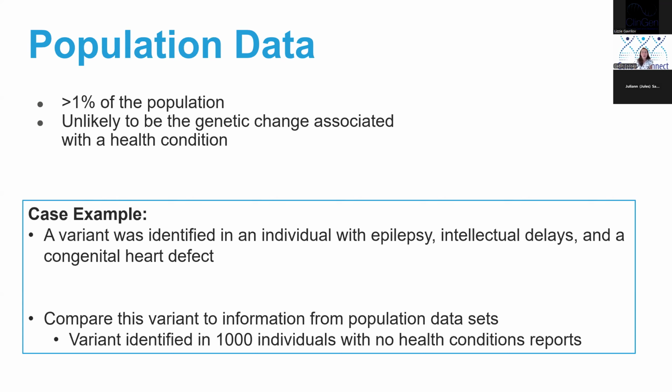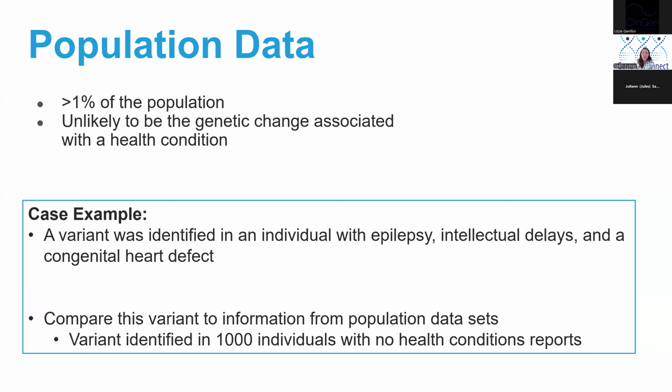When we compared this specific variant to some of the databases that have reported variants in individuals that don't have any health conditions, so don't have a history of seizures, intellectual delays or any history of birth defects, we said that this variant has been reported in about 1,000 of those healthy individuals with no reported health conditions.